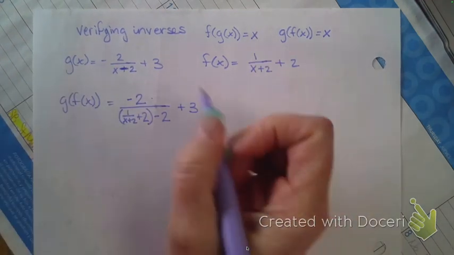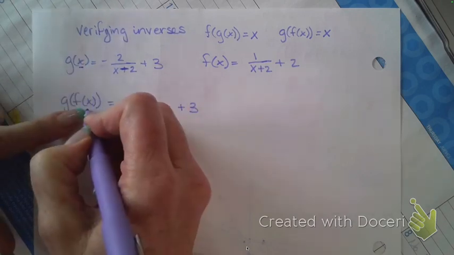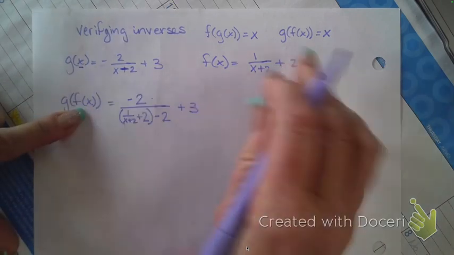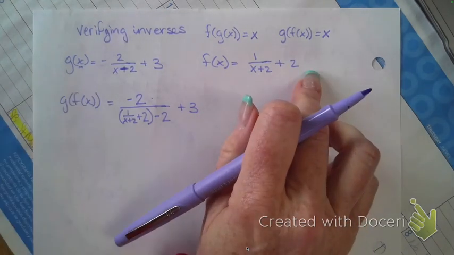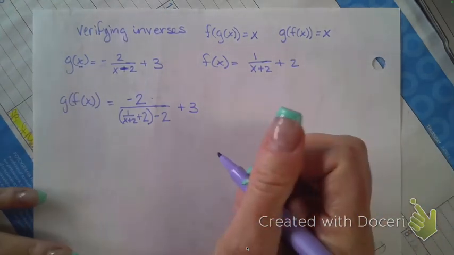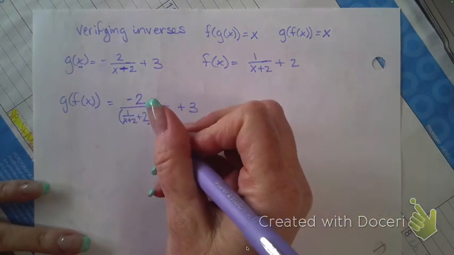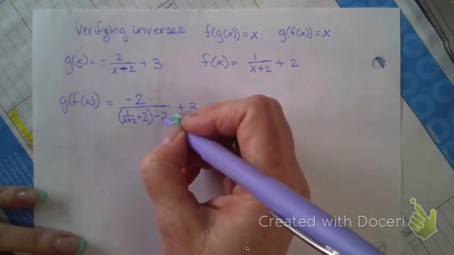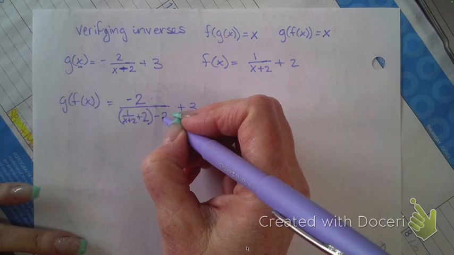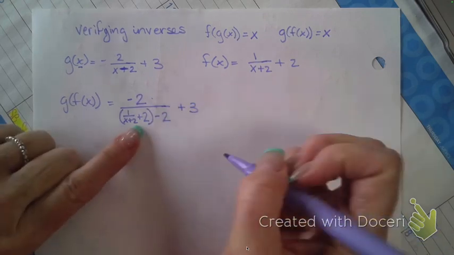Okay. Because this was g of x, what did x become? F of x. And f of x is what? The whole thing. So now I'm going to take it slow. What can I reduce out real quick? Negatives. No. Okay. What about this positive 2 and this negative 2? Doesn't that give you 0? Sure. But they're parentheses, just to show that I inputted it.